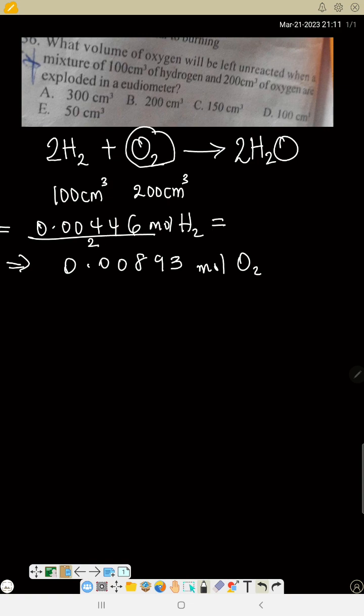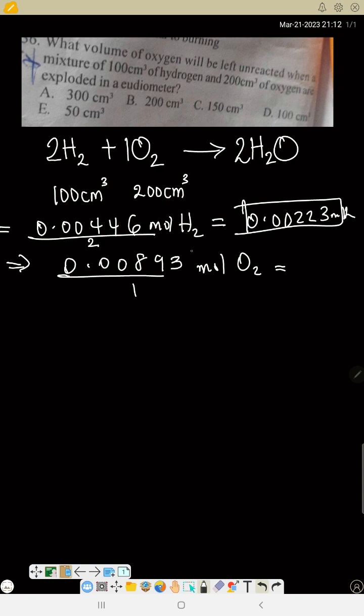What is the coefficient of oxygen here? 1. So just divide this by 1, then it remains the same. So divide this by 2. So we have 0.00446 divided by 2. So you should get 0.00223 moles of hydrogen. So this is the lowest mole.